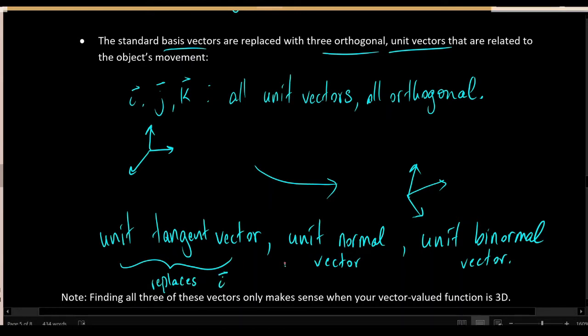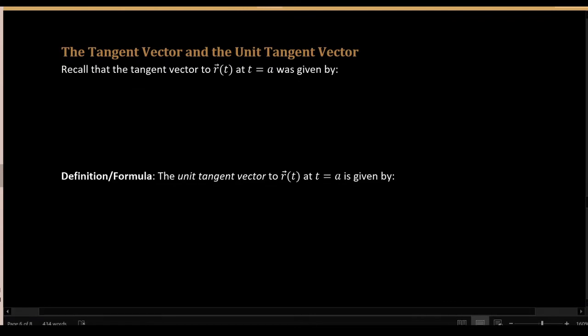The unit normal vector is basically replacing j and pointing in the new local y direction. And binormal is replacing the z direction, replacing the vector k. So let's go through some of the formulas that are used to find this unit tangent vector, this unit normal vector, and this unit binormal vector.